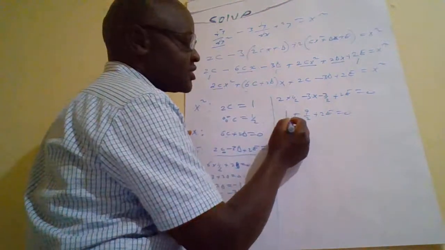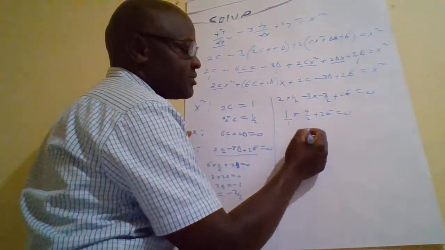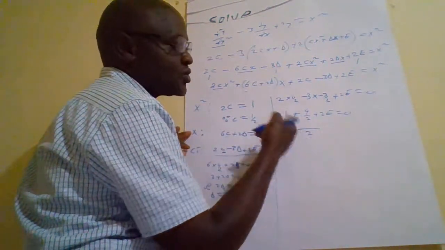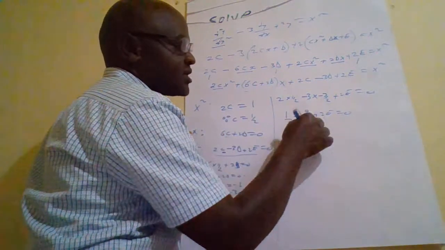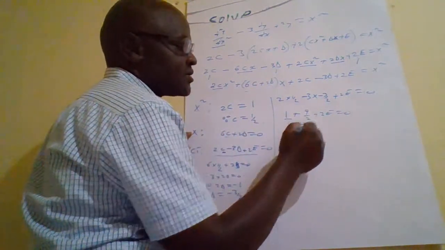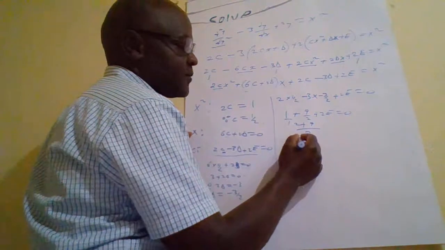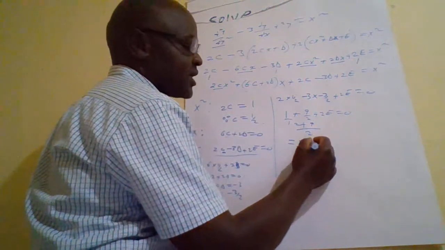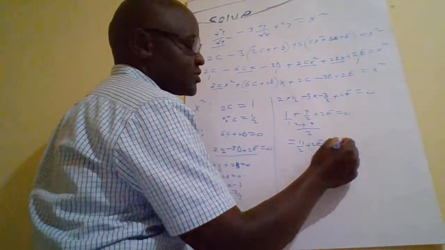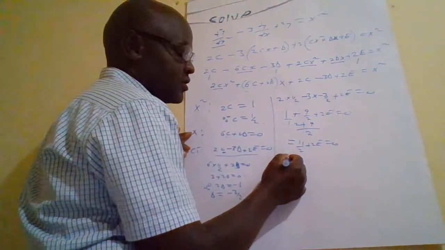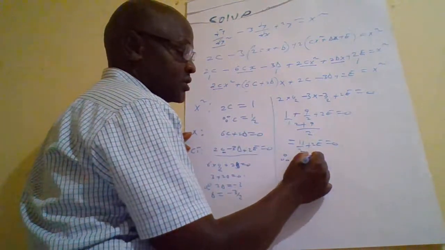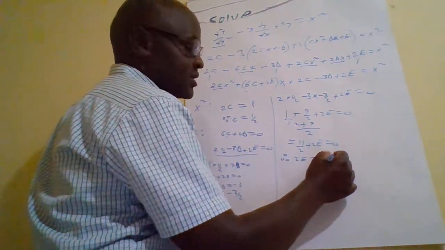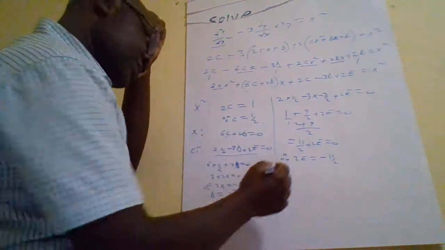So this is 1. The LCM is 2. 1 times 2, we have 2, plus 1 times 9, so we have 11 over 2 plus 2e equals 0. Therefore, 2e equals minus 11 over 2.